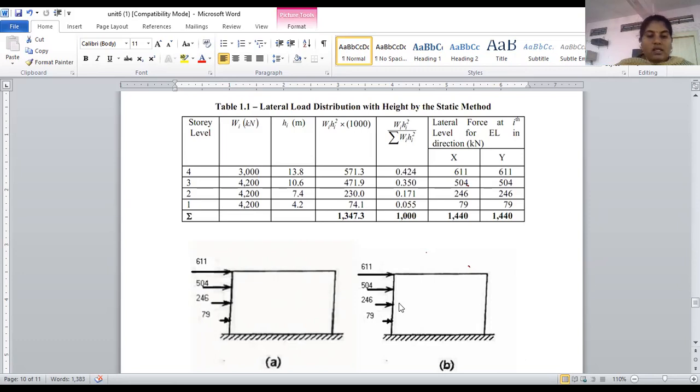So in this lecture, we'll stop here for unit number 6, and we'll move towards unit number 7, which is based on the ductile detailing of RCC structures. So now I will stop sharing here for unit number 6, and we'll move towards unit number 7.